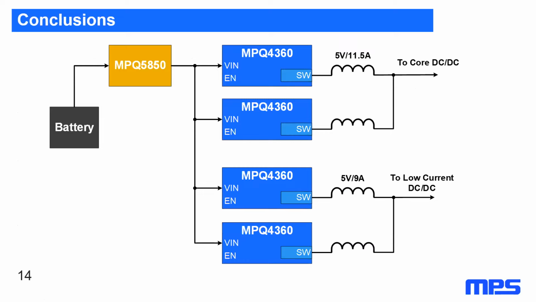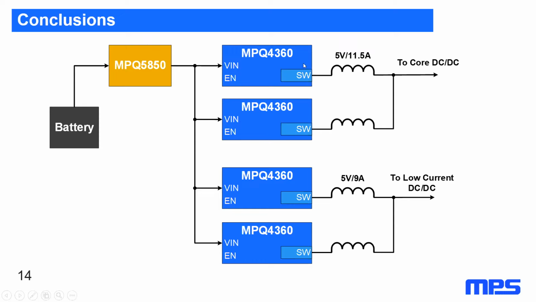So with everything selected, protection and pre-regulator, we can now draw our first power tree of the pre-regulator. We got on the left the car battery. The car battery is protected by the MPQ5850 from reverse battery conditions and reverse currents. And then we got two different pre-regulator buses.